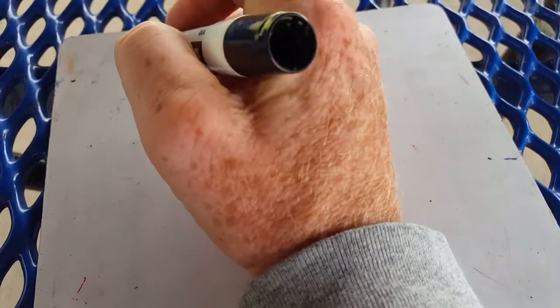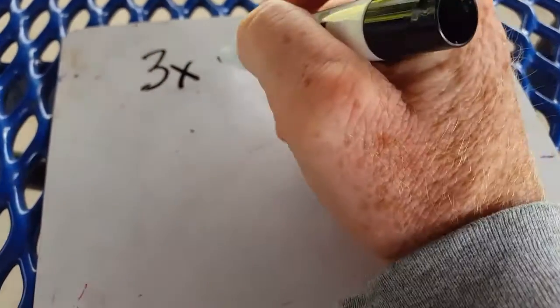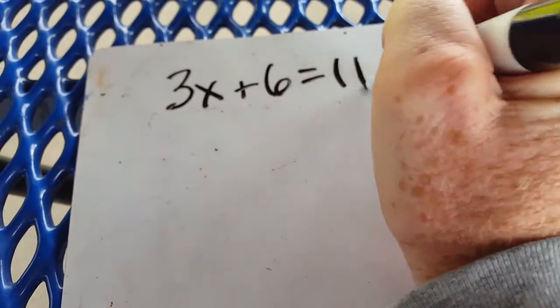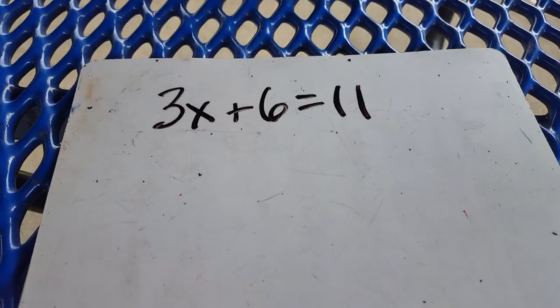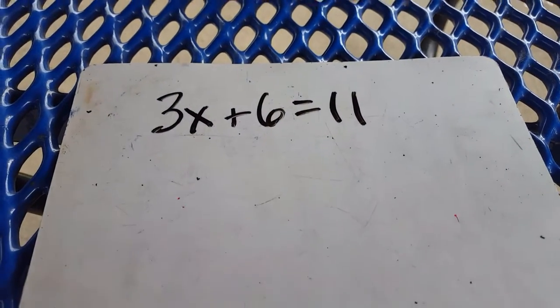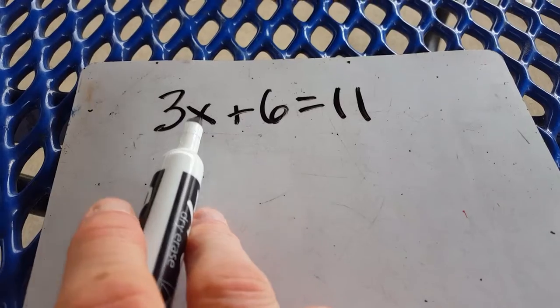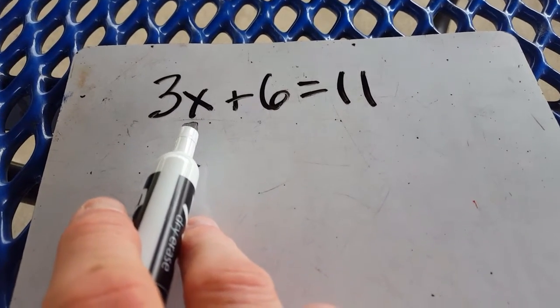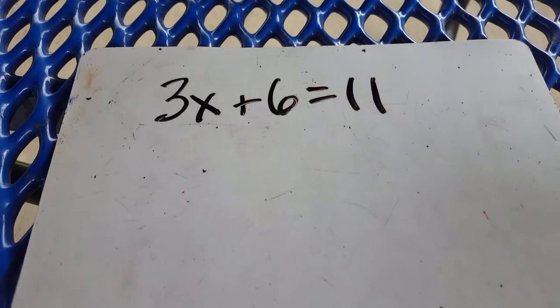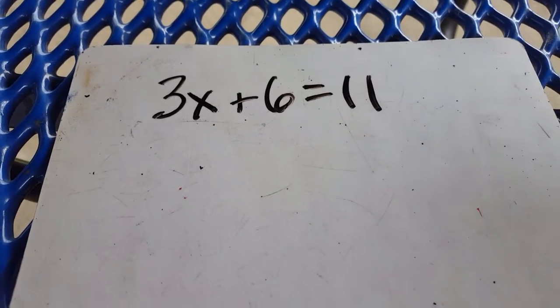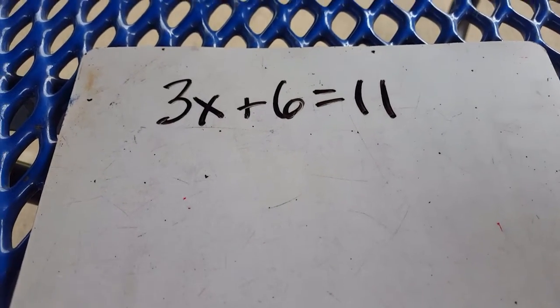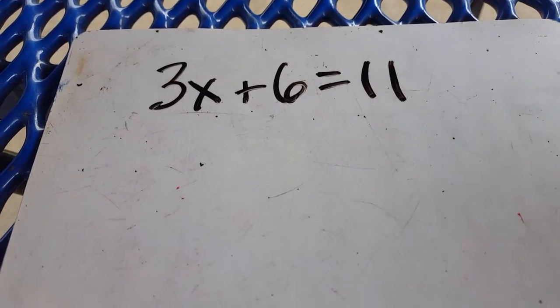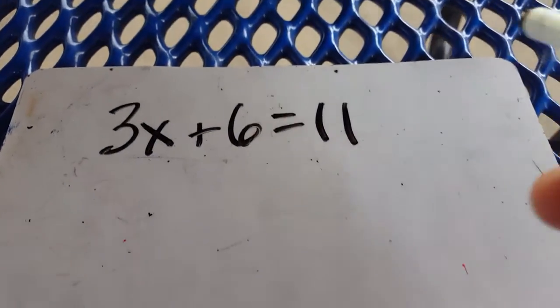So here we go. All right, remember when you solve a linear equation, the goal is to get the x or the a or whatever variable it is by itself. So if we did something like 3x plus 6, our goal is to get this x by itself. So remember, usually it's easiest if you do your order of operations backwards. So normally you would do parentheses first, then exponents, then multiplying and dividing, then adding and subtracting, but we're going to do it backwards.